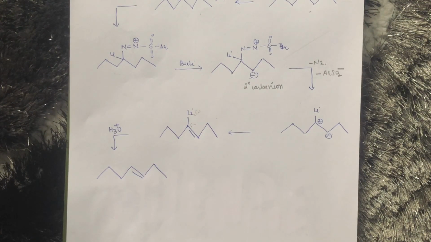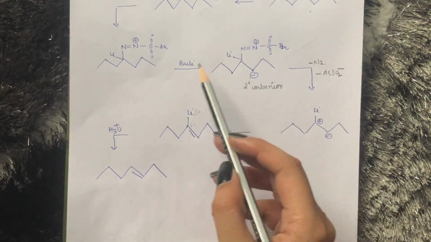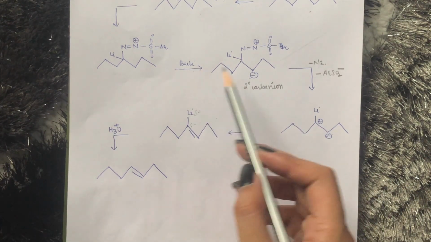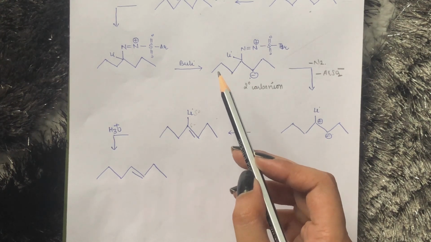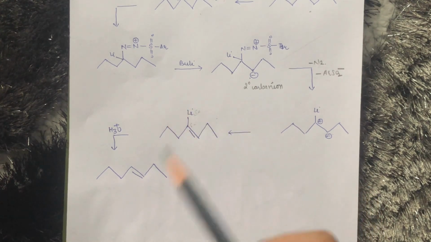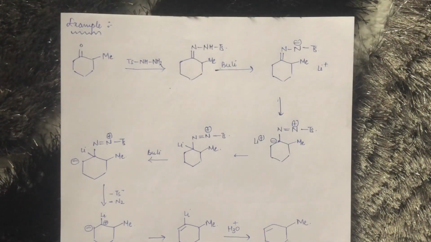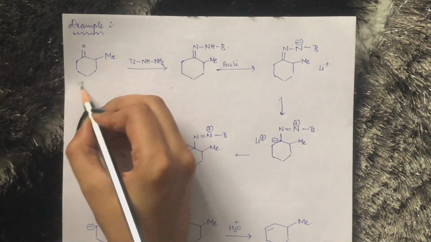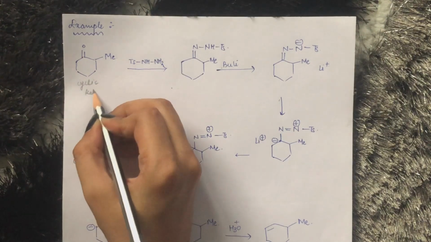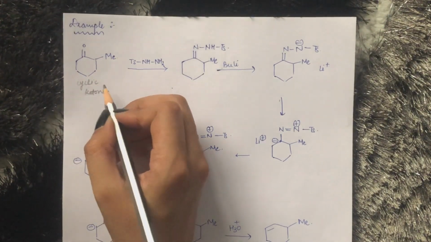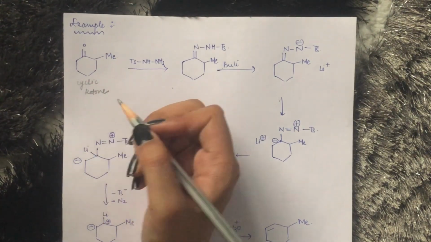In this reaction we started from a symmetrical reactant, so there was no problem in abstracting the proton when the second equivalent of butyl lithium was added. But what happens when a non-symmetrical reactant is used? Let's take an example. In this example, we are now using a cyclic ketone, and of course, an unsymmetrical one.